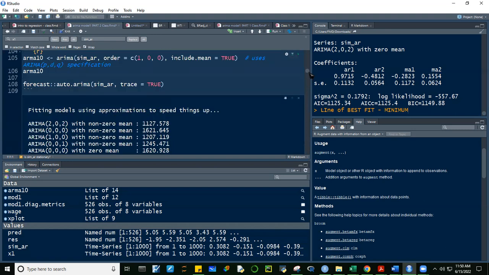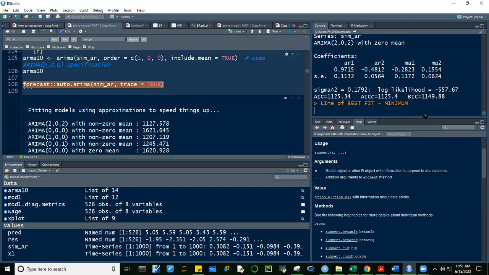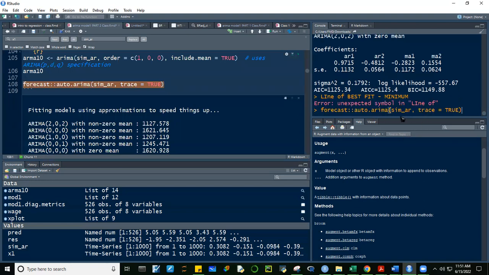Actually, guys, yung auto.arima, let me just show this to you. Control C, Control V. If you recall, guys, ano ba yung data natin kanina? Hindi, ibang data pala yan.